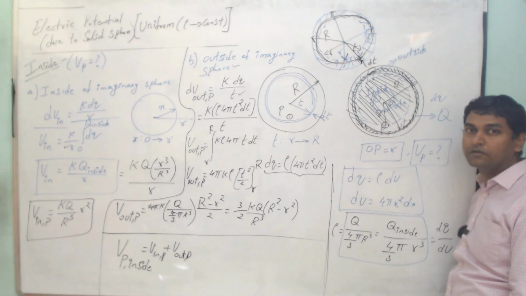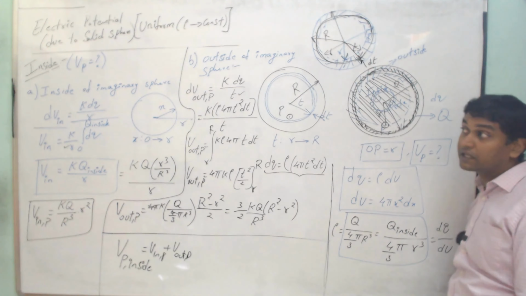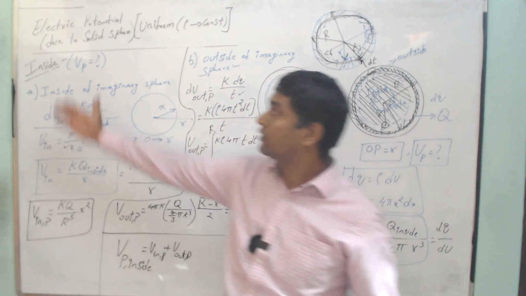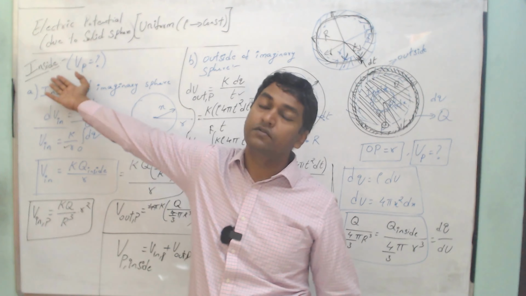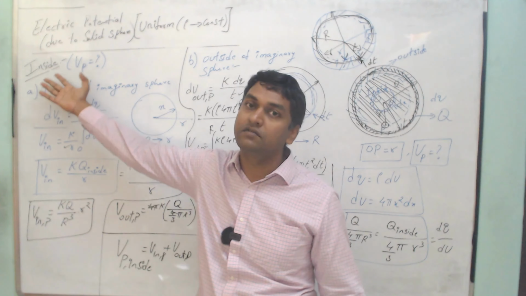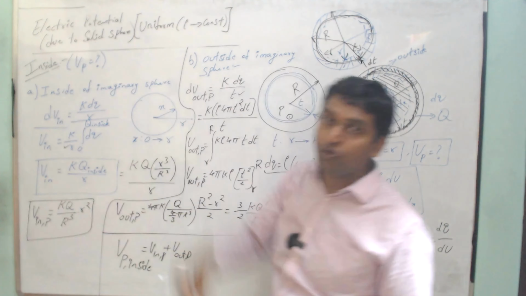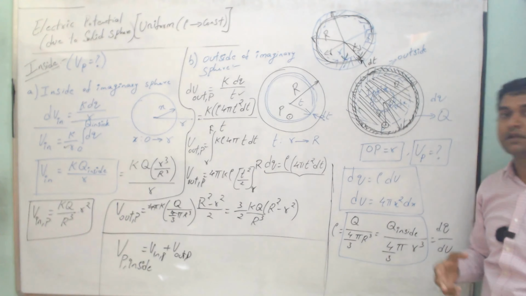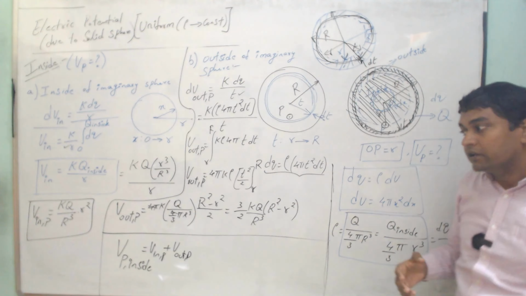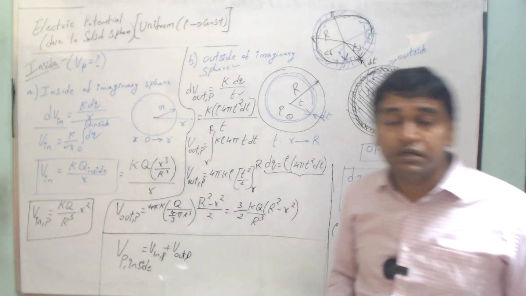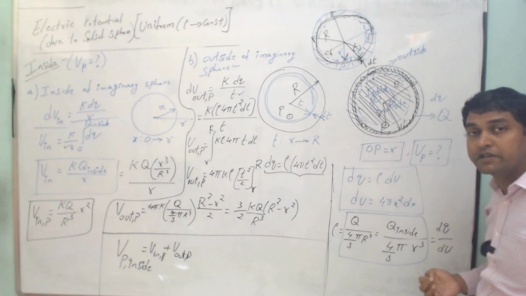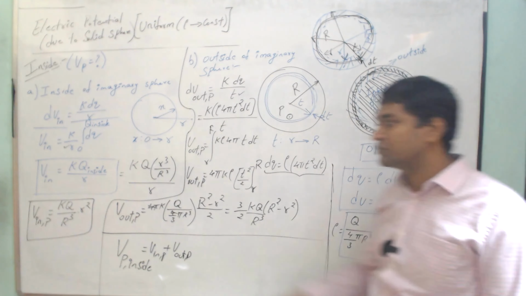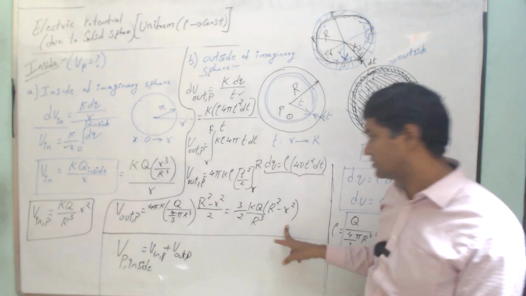Okay, you're considering the overall sphere perspective. I'm saying from the case where point P is inside the sphere. So the total potential inside the sphere at a radius small r is the summation of this and this.